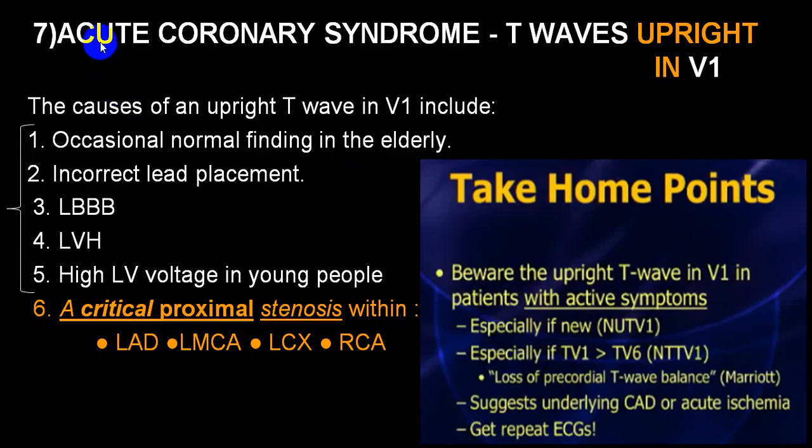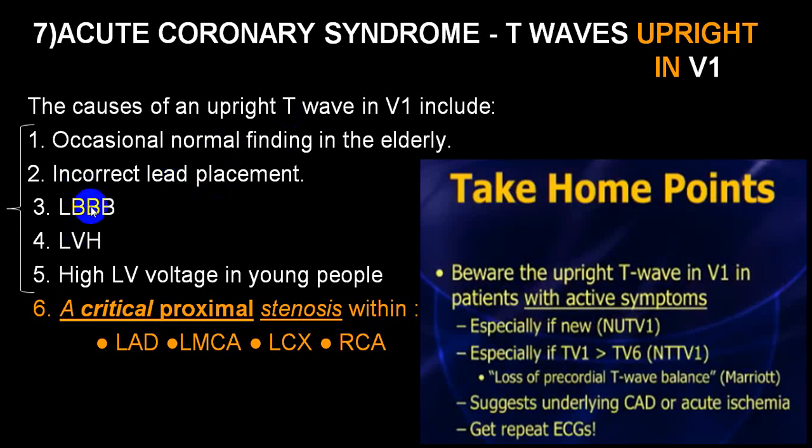Now if you get an acute coronary syndrome, meaning the person is having severe chest pain, and you are having T wave upright in V1. Normally T wave is inverted in V1. This is very, very important because T wave can be upright in V1 as a normal finding, even if your lead interchange has taken place.